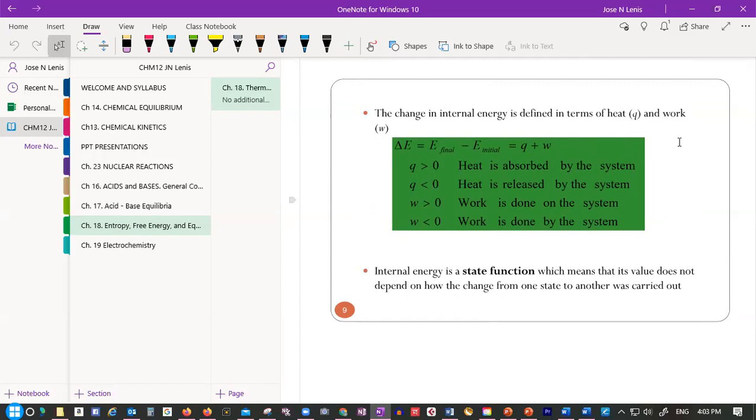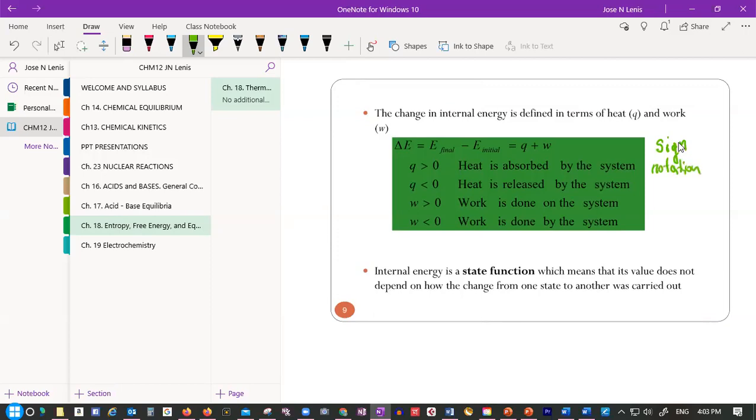And we're going to use some notation, which is called the sign notation. We are going to follow that sign notation every time we are writing our chemical reactions.